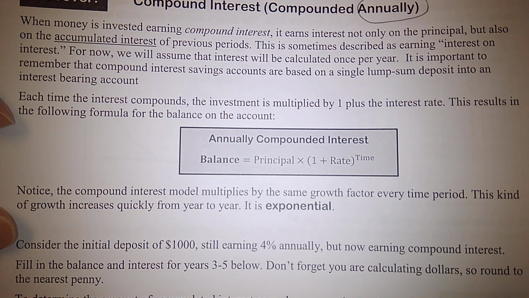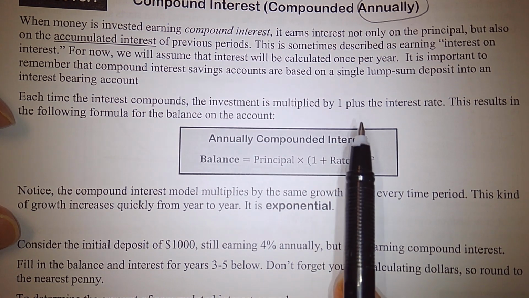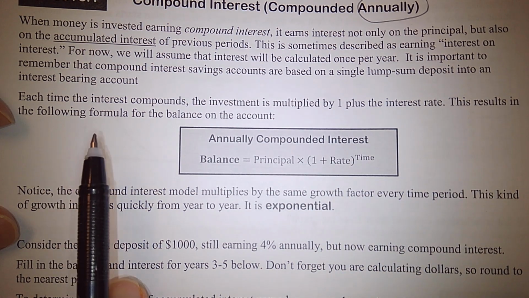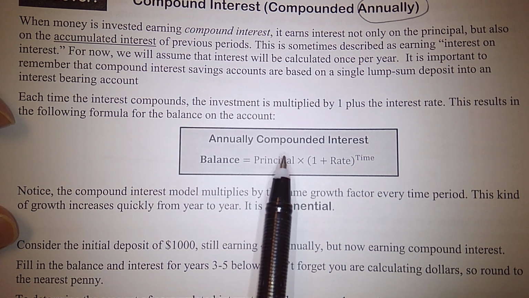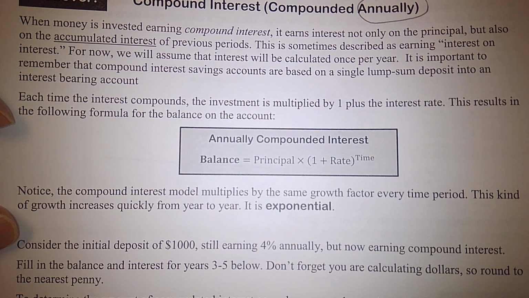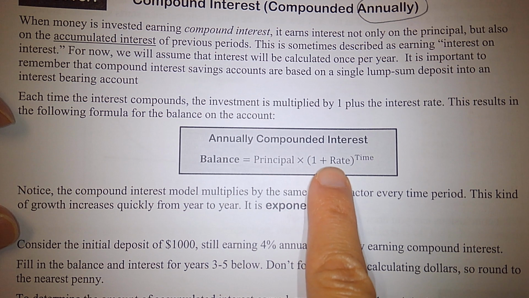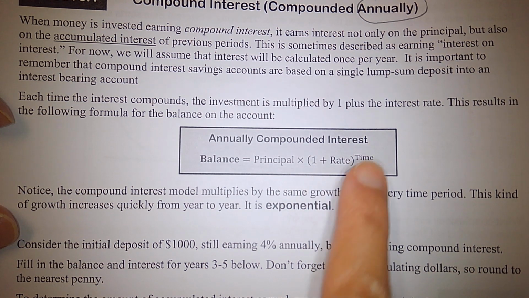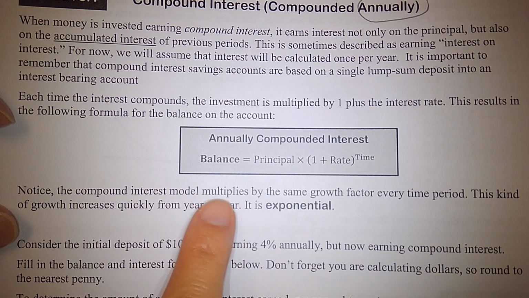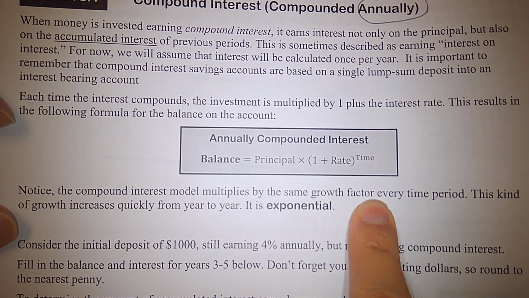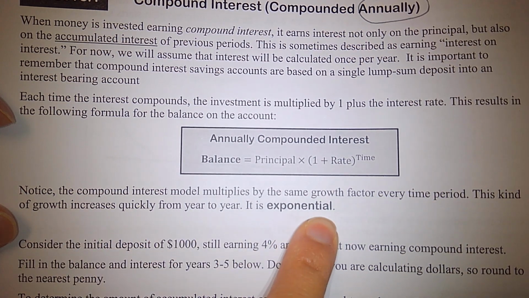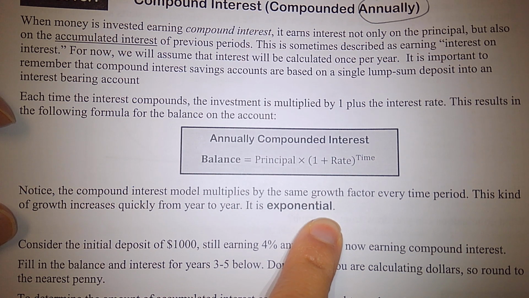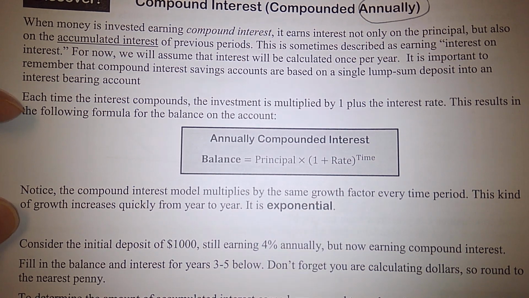Each time the interest compounds, the investment is multiplied by 1 plus the interest rate. This results in the following formula for the balance on the account. Annually compounded interest balance equals principal times 1 plus rate to the time. Notice the compound interest model applies the same growth factor every time period. This kind of growth increases quickly from year to year. It is exponential, right? Okay, very good, thanks.